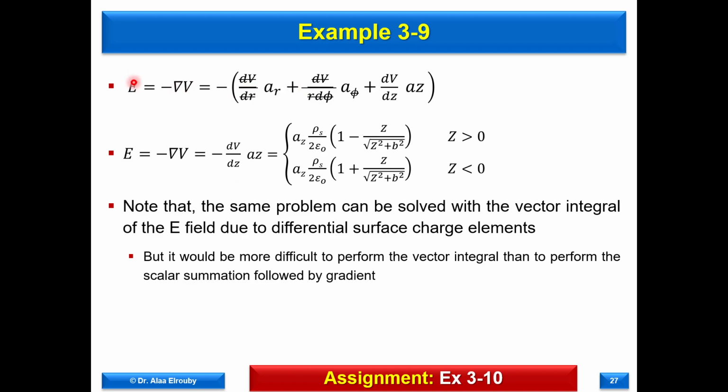So we're just using the new thing that we learned, calculating the electric field by first calculating the electric potential, then applying the minus gradient. Another example that I recommend you solve as an exercise or as part of your study.